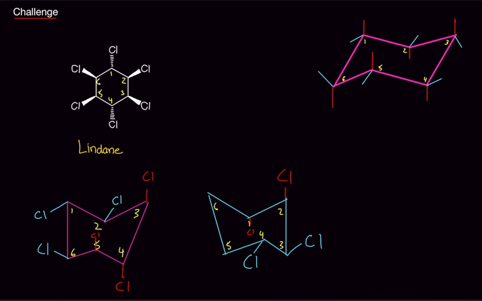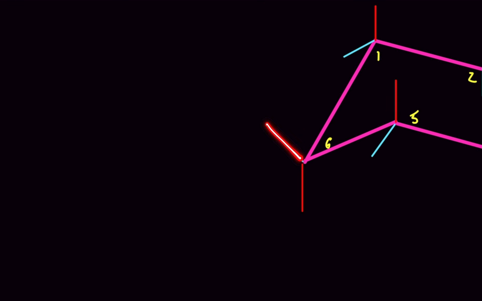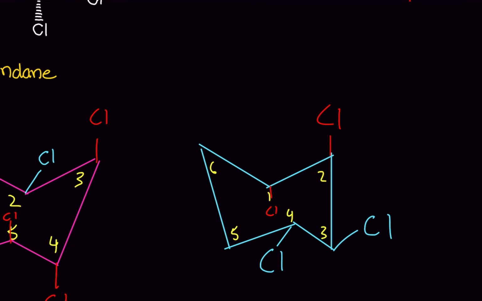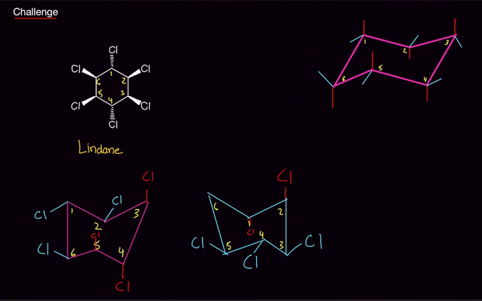Okay, carbon number 5 is an axial position. So we look here now, and this is to be in the equatorial position, so we're going to deal with this one. Like this. And carbon number 6.